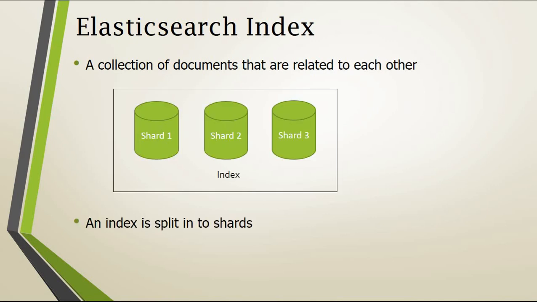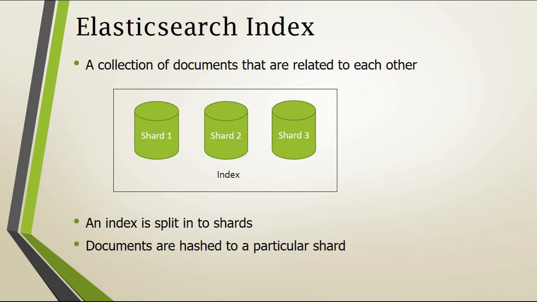So here, as shown here, each index is split into several partitions called shards. This is done so that these shards can be stored in multiple computers across a cluster of computers, basically to achieve the distributed nature.